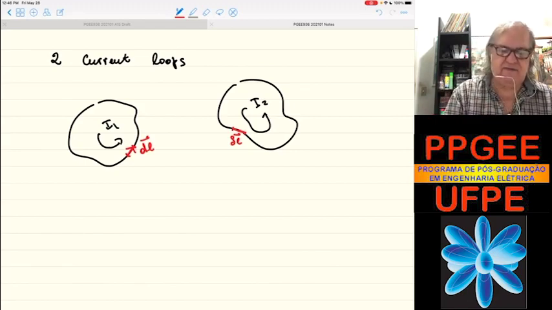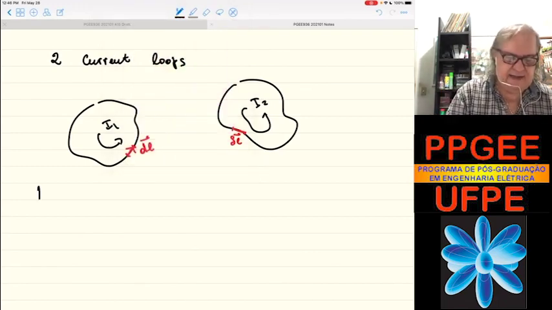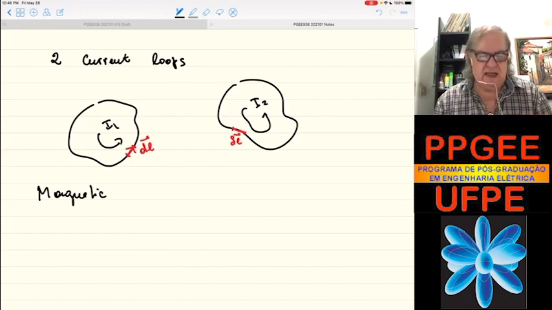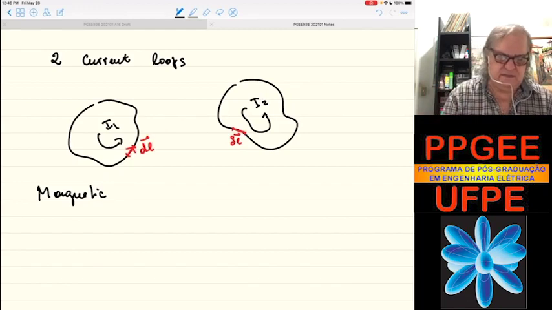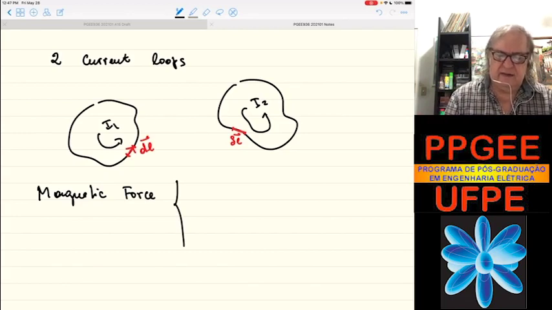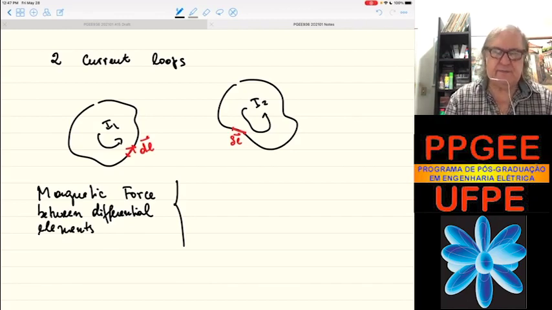So what we know is that the magnetic force, not the vector nature of that, the magnetic force, which is a force that has as its origins a circulating current, between differential elements, is proportional to the product.